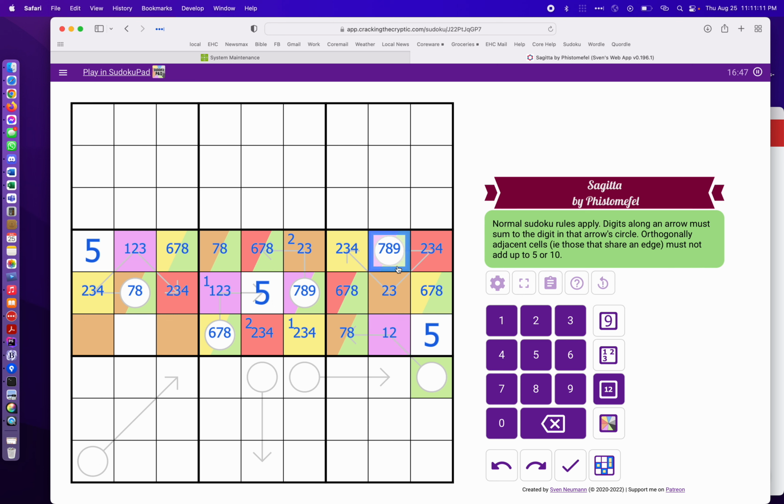And that means high purple can't be a 7. That means high yellow can't be an 8, which means yellow can't be a 2.